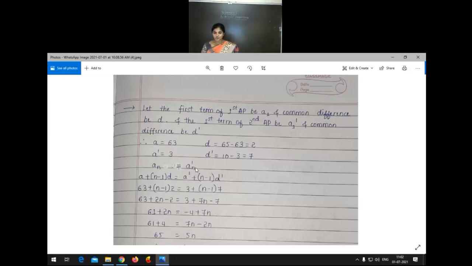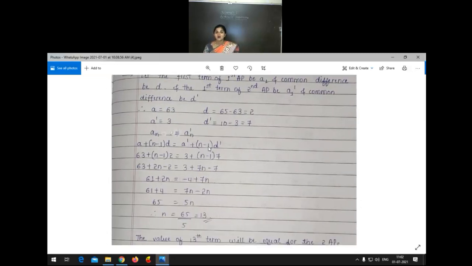An is A plus n minus 1 into D, and A dash n is A dash plus n minus 1 into D dash. It is the same general term, but we differentiate the first term and the difference.